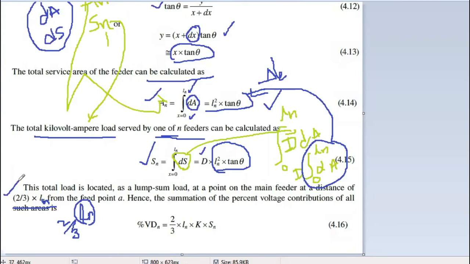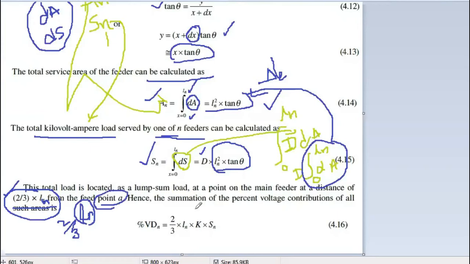Now this main feeder has many loads distributed along its length, but we are assuming that the entire load is a lumped sum at a particular location. That location is nothing but 2/3 Ln from the feed point to A.